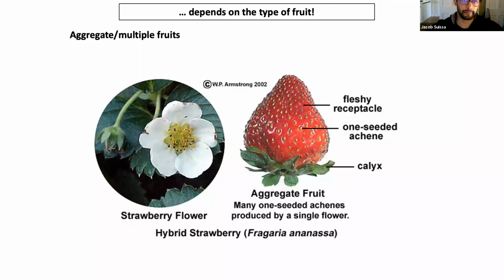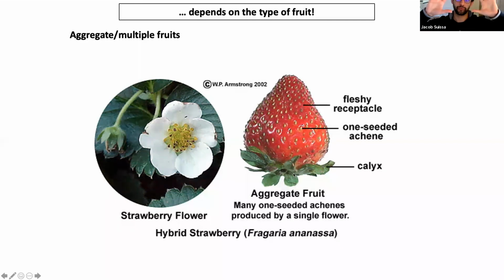So there are other types of fruits. There are fruits that are derived from either multiple flowers or an aggregate of ovaries. So this is a fundamental difference, right? So an aggregate fruit, let me take a step back here.